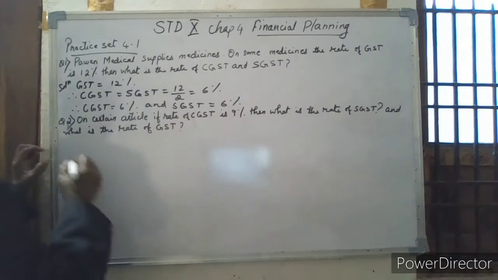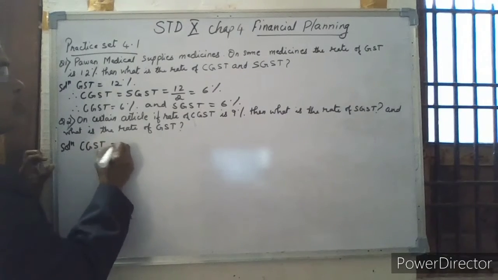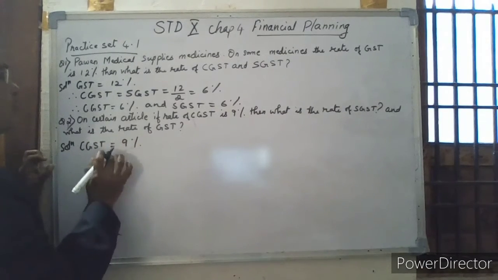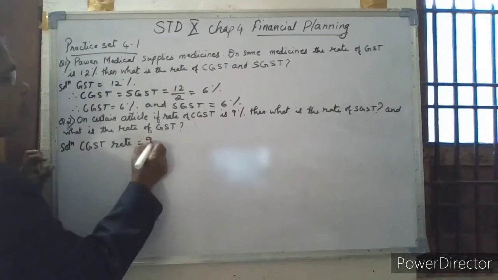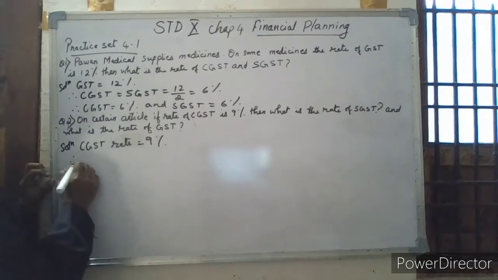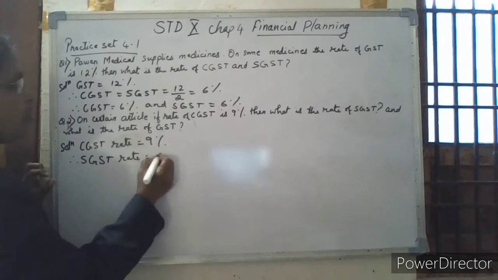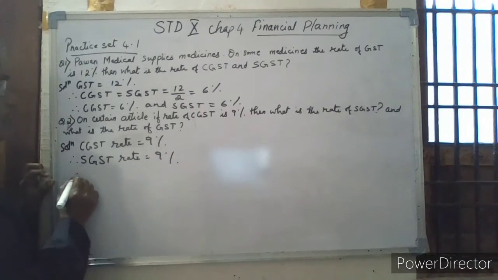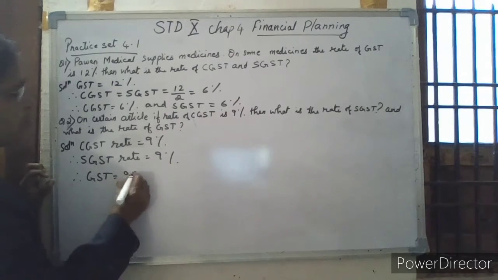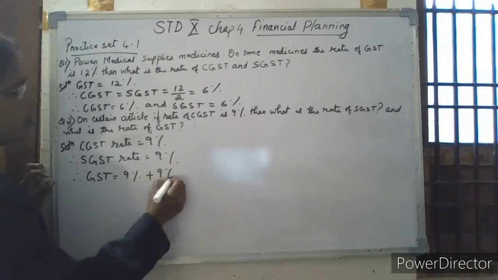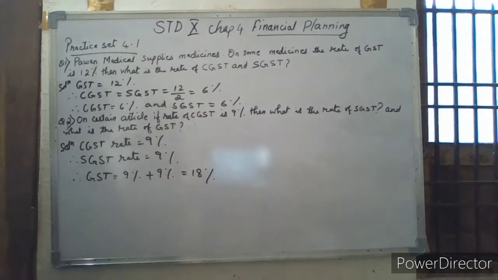CGST rate is given as 9%. Therefore, SGST rate is also equal to 9%. And GST is equal to 9% plus 9%, that will be equal to 18%. This is the solution of the second question.